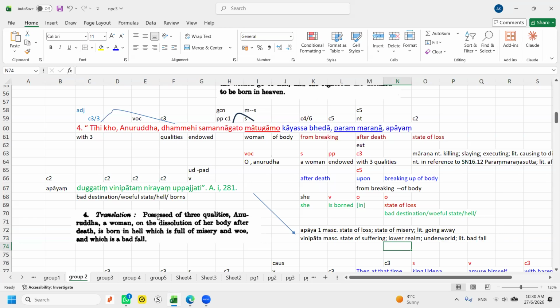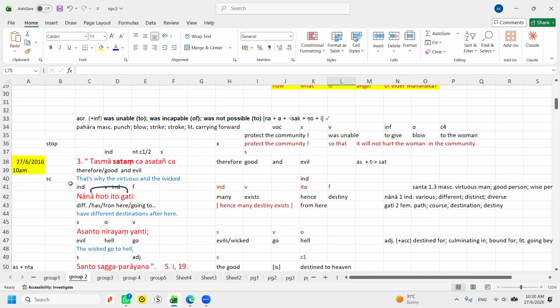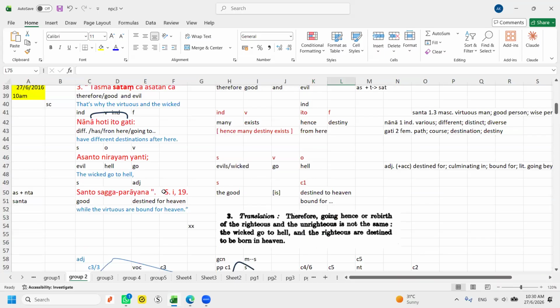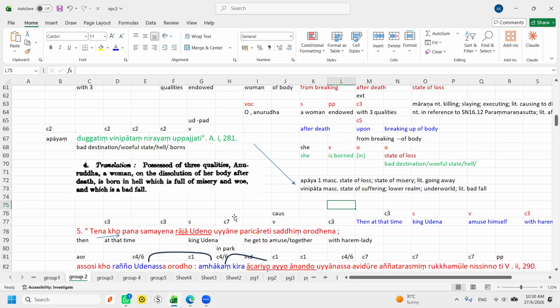So in this case, you can put any one of these: a state of suffering, the lower realm, or underworld. Technically, this is talking about sila. This is from the Samyutta Nikaya, and this is Anguttara.